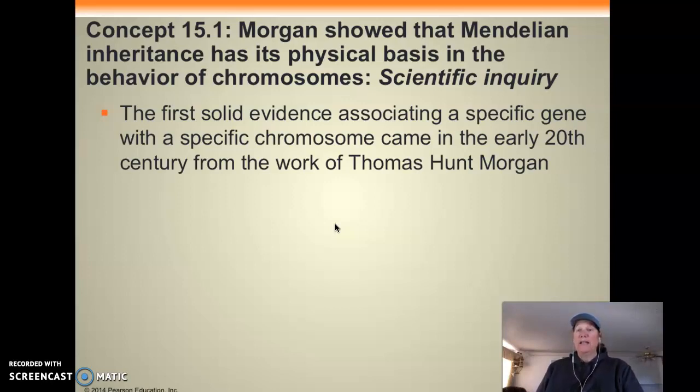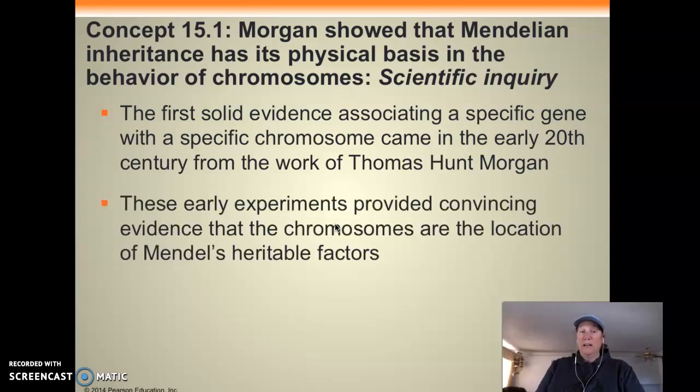He was the first one to link a specific gene to a specific chromosome, for example that chromosome 6 had the characteristic for wrinkled peas or whatever, and that it was always on chromosome 6. Morgan was the one that said, hey, this gene is here, it's always here. His experiments really did a lot to prove Mendel's.